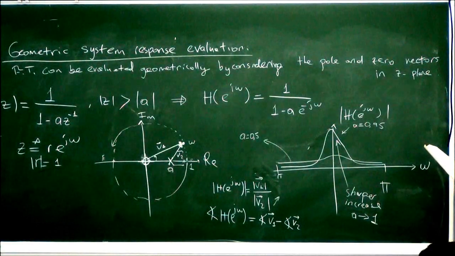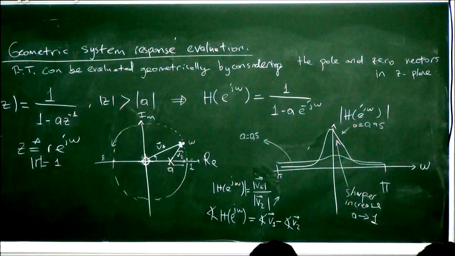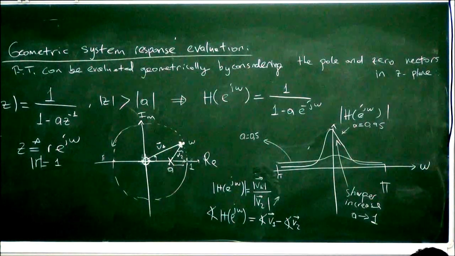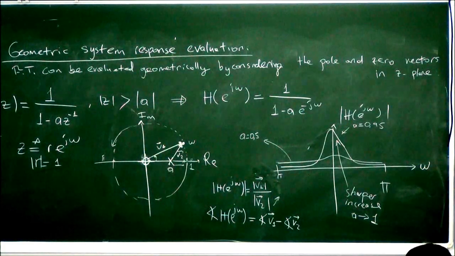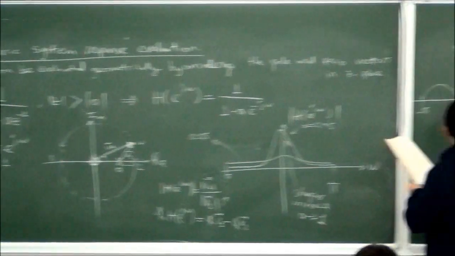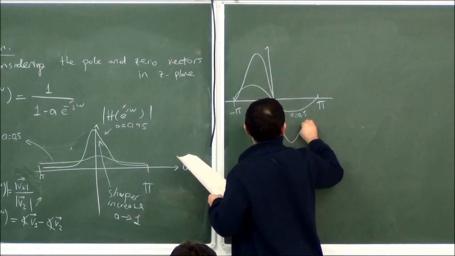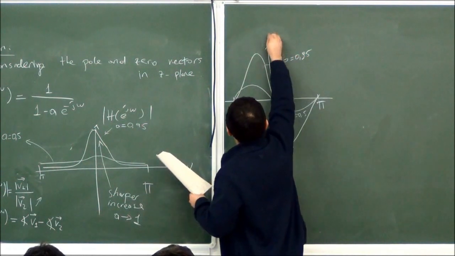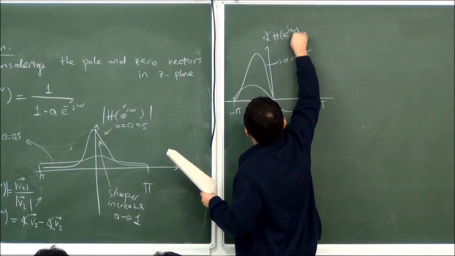Let's say this is the phase response, minus pi to pi. This is for A is 0.5, for A is 0.95, and this is the phase response in this case.